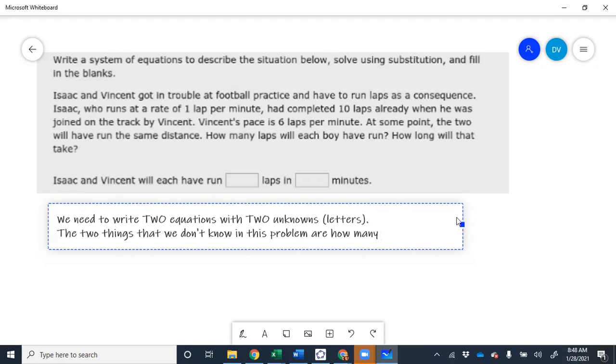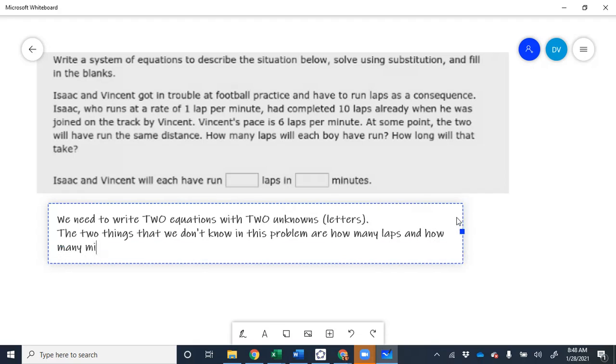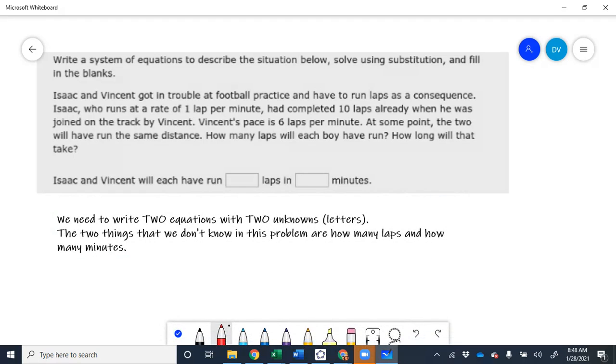How many laps and how many minutes. Let me remind you that those were the things that they asked for here and here. How many laps and how many minutes.